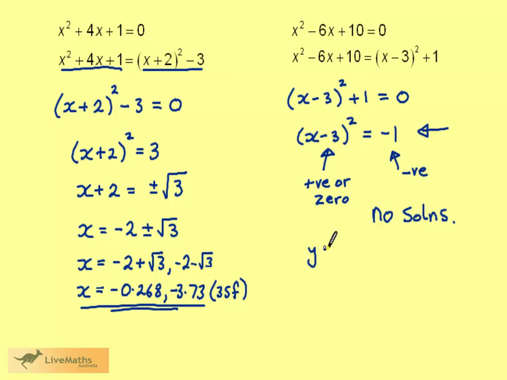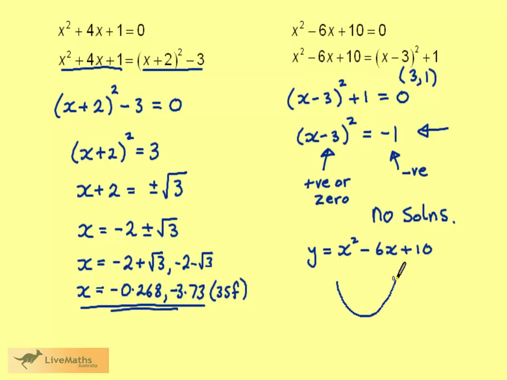We've now met y equals x squared minus 6x plus 10 in a few of our videos. We've seen the completed square form, and we know this gives the minimum value as (3, 1).